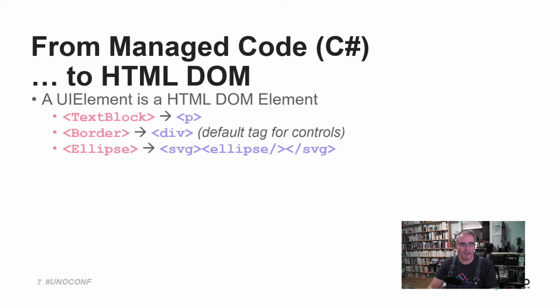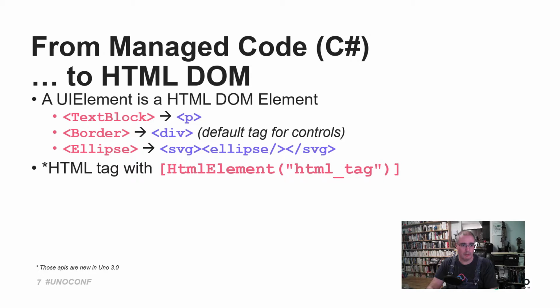So for every UI element in your application, there will be an HTML DOM element to render it. A text block becomes a P element, a border becomes a div element, and a shape like an ellipse becomes an SVG element.